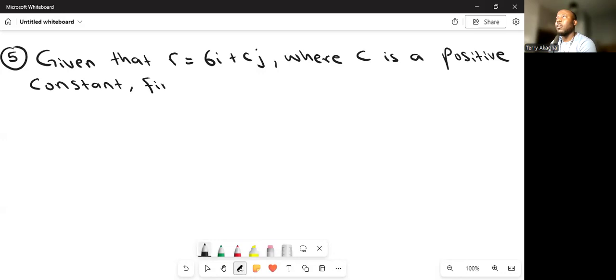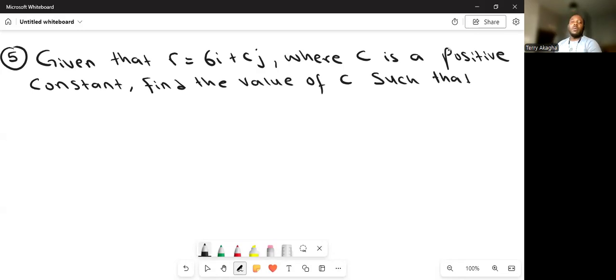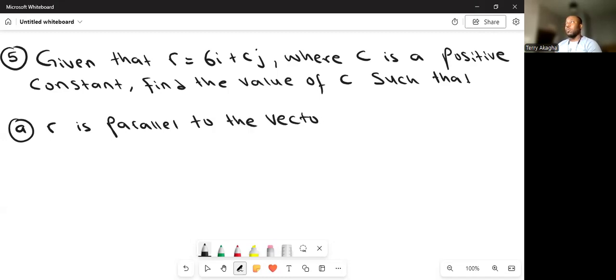So we're now told to find the value of c such that r is parallel to the vector 2i plus j, okay? So r is parallel to the vector 2i plus j.